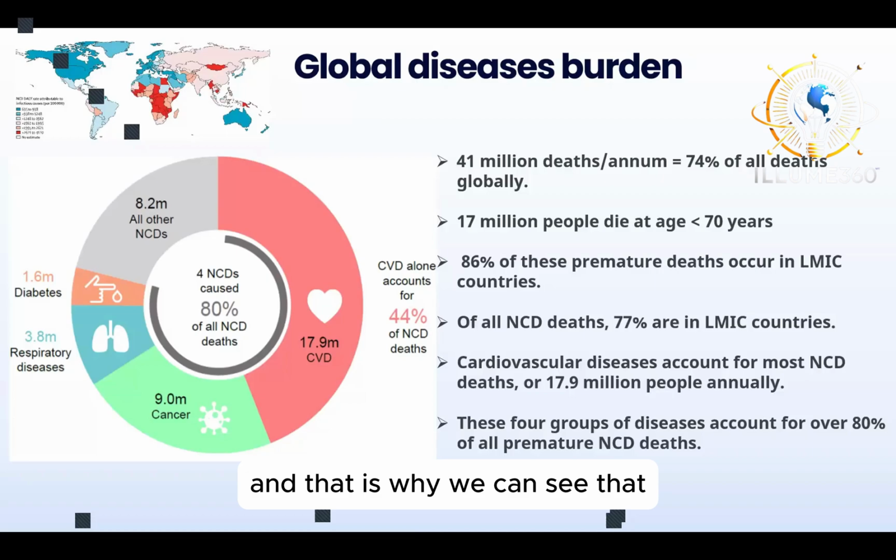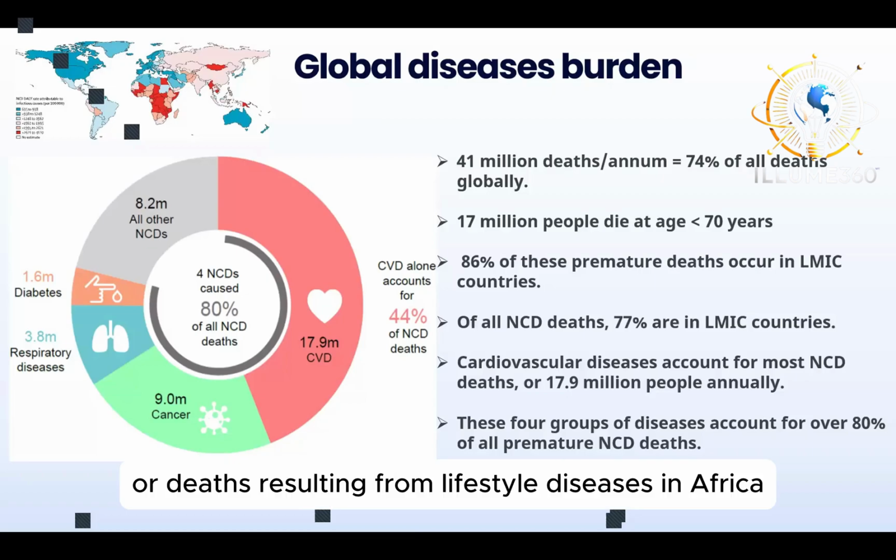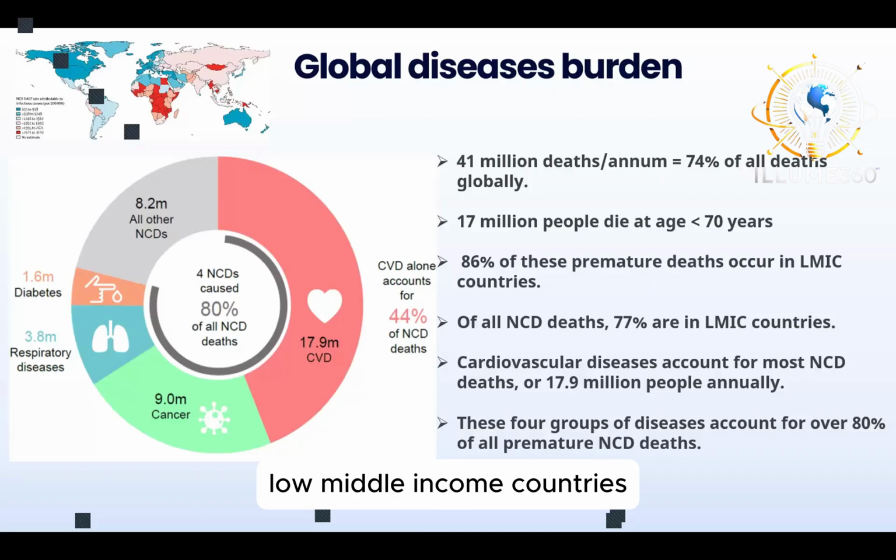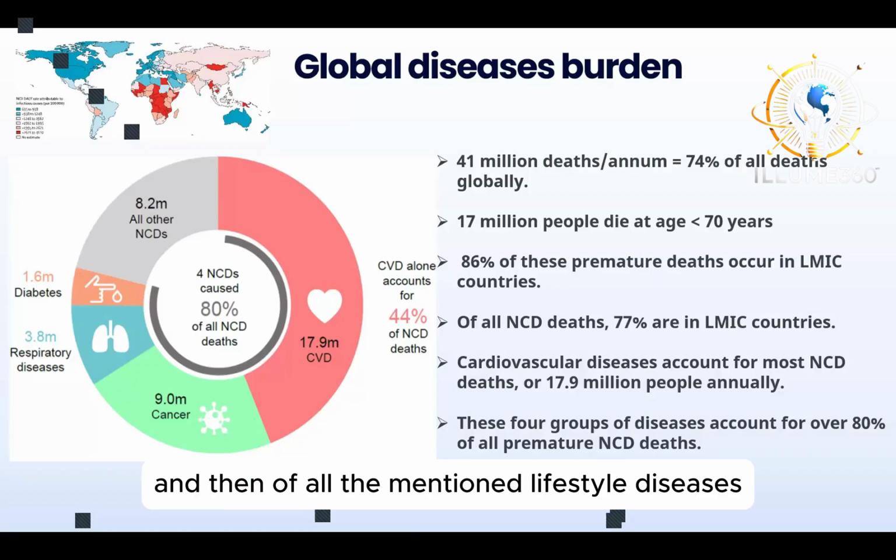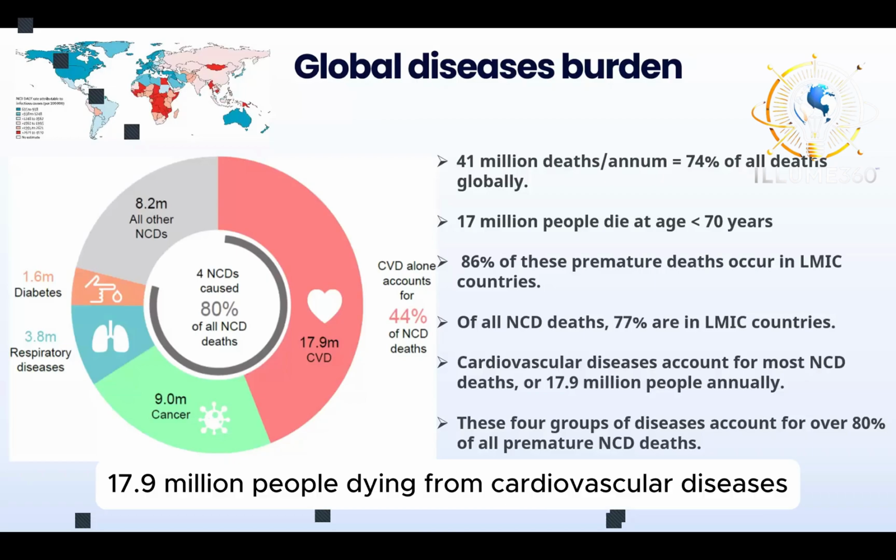And that is why we can see that we may not directly be eating raw sugar and all that, but there are still higher records of deaths resulting from lifestyle diseases in Africa or low and middle income countries. And then of all the mentioned lifestyle diseases, cardiovascular diseases account for the most deaths, which is 17.9 million people dying from cardiovascular diseases annually.